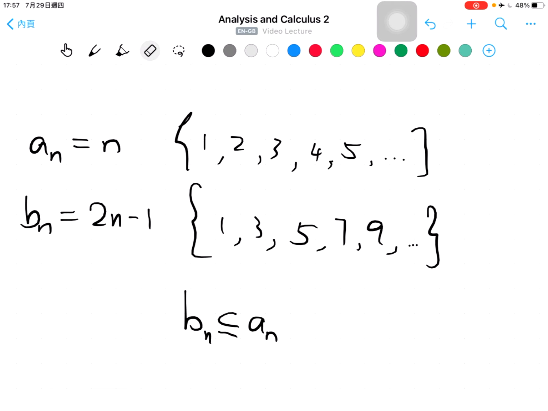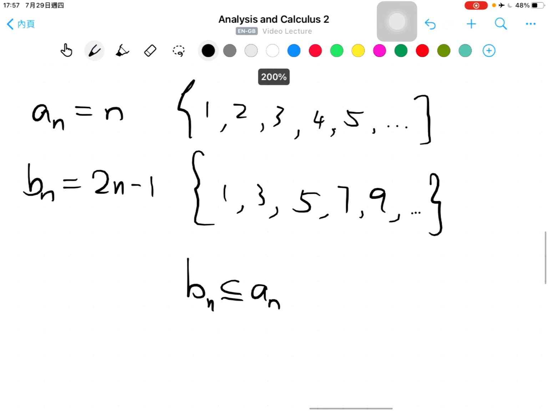And more obviously, b_n is a proper subset of a_n, but that doesn't matter, proper or not. We can always say from this that b_n is a subsequence of a_n. Again, b_n is a subsequence of a_n.